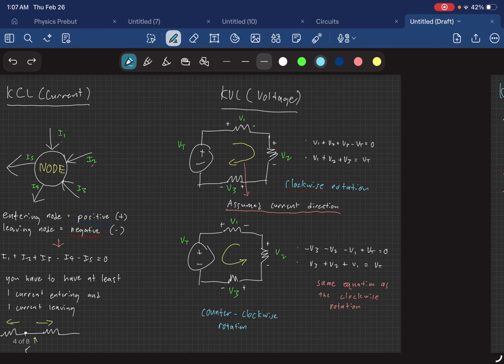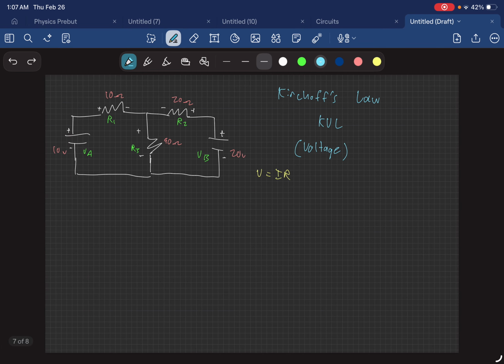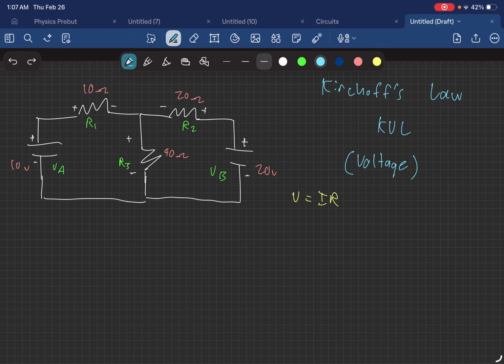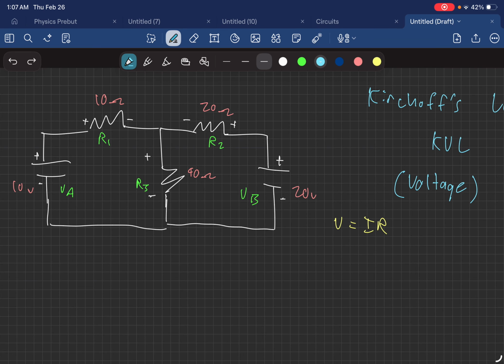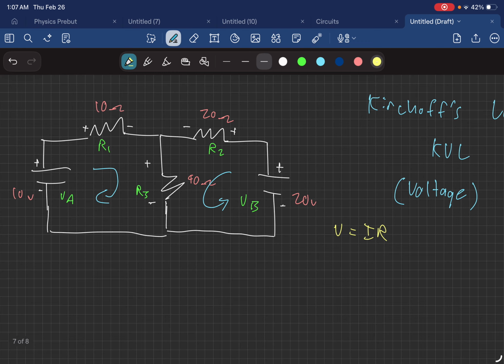So, let's solve, shall we? Okay. Let's assume directions. I want this one to be clockwise. I want this other one to be counterclockwise. Let's do it. So, we move here.